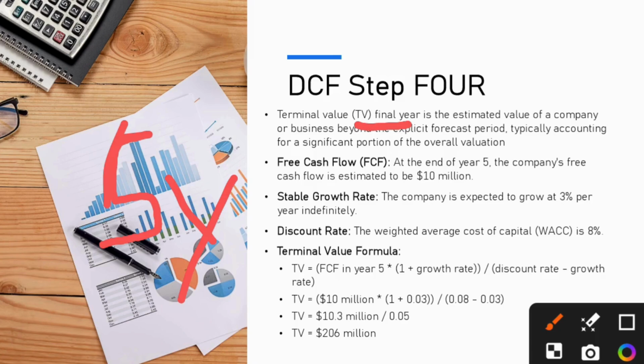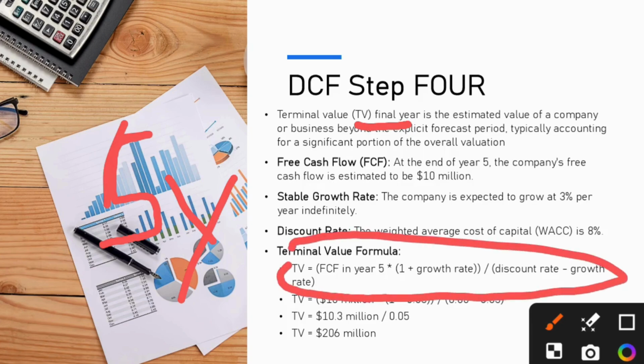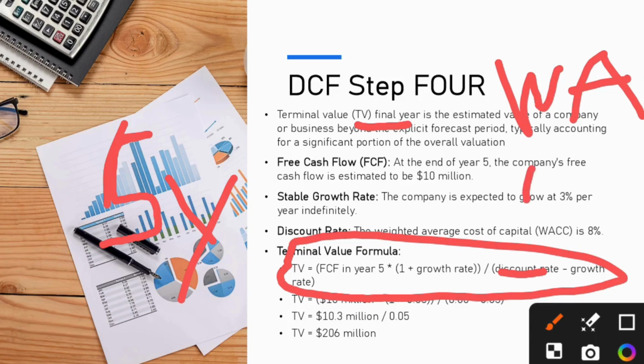Now to know the terminal value, we need to use a formula, which is here: future cash flow in year 5 multiplied by (1 plus the perpetual growth rate), divided by the discount rate minus the perpetual growth rate, where the discount rate is the WACC. Whenever a discount rate is shown, that is WACC, and discount factor means the formula from the third step we discussed.